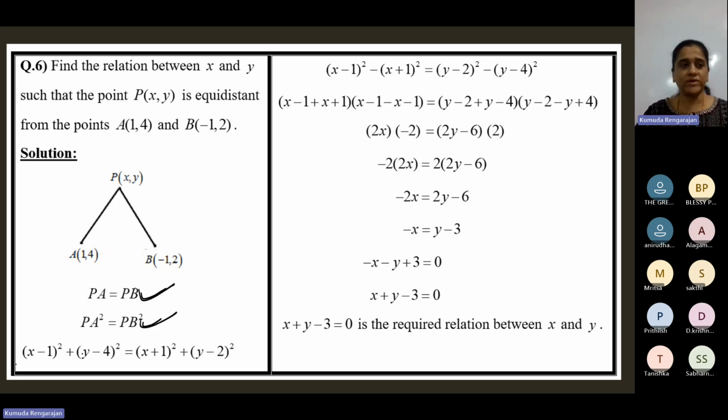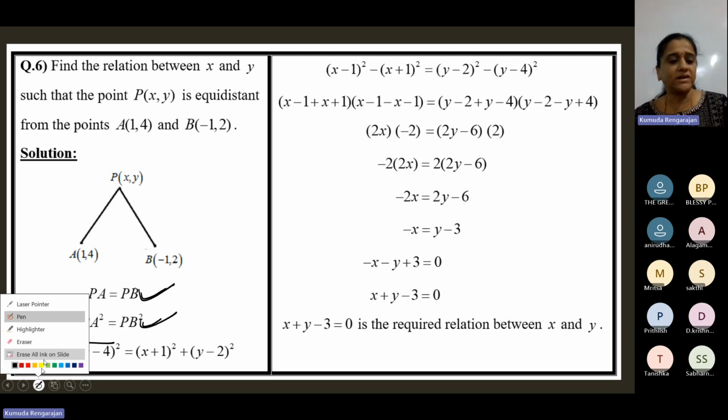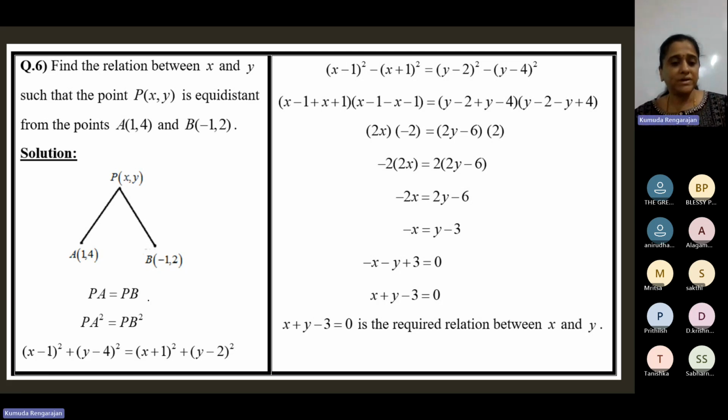So when you write it here, don't write the square root symbol, because PA square will not have the square root symbol. For PA, you should write with square root. For PA square, don't put the square root symbol. And the rest is the same.